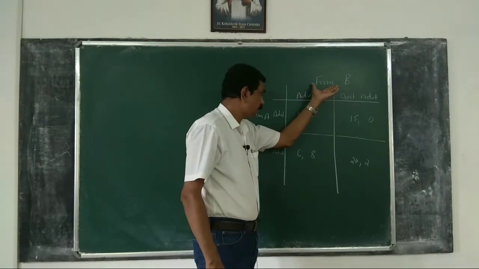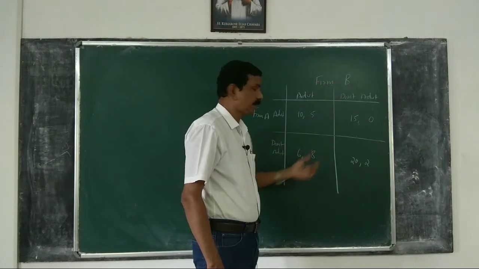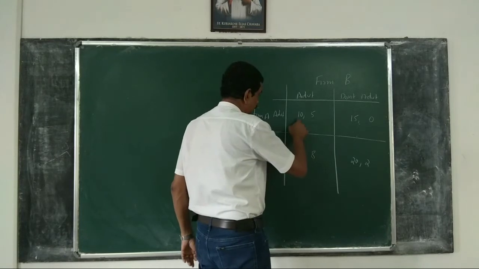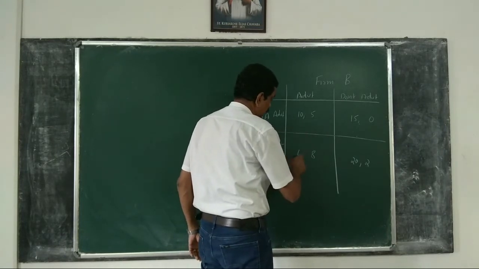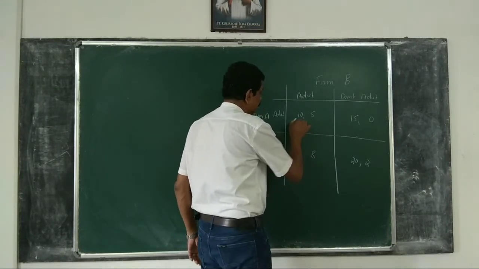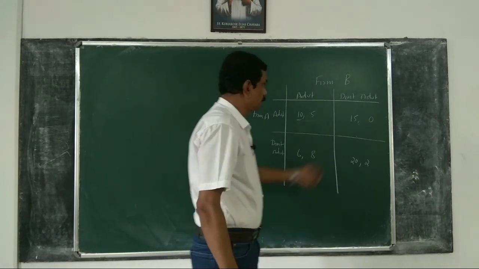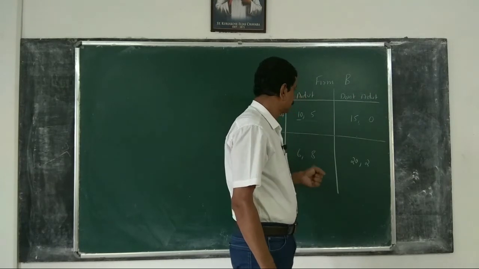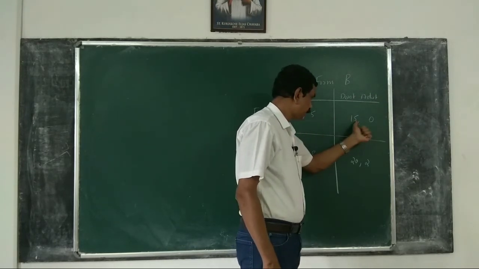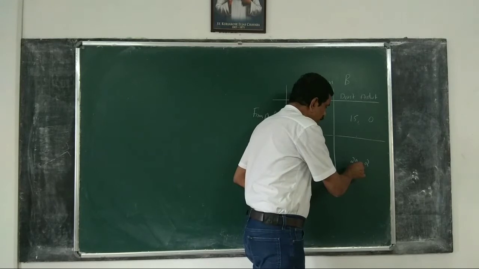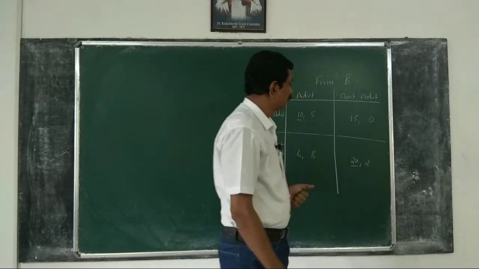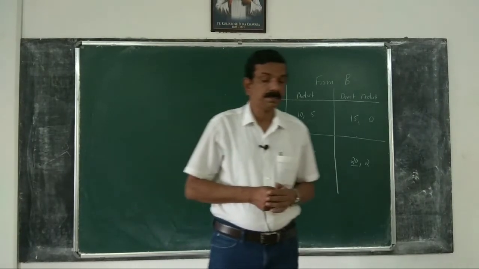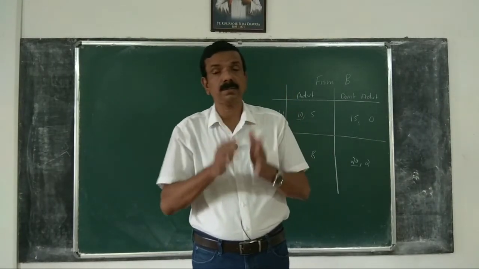If A believes that B will advertise, A gets 10 by advertising, 6 if it doesn't. So 10 if it advertises. If A believes that B doesn't advertise, A advertise 15, don't advertise 20. Now we will say that A has no dominant strategy.